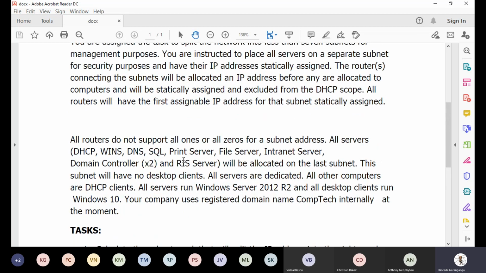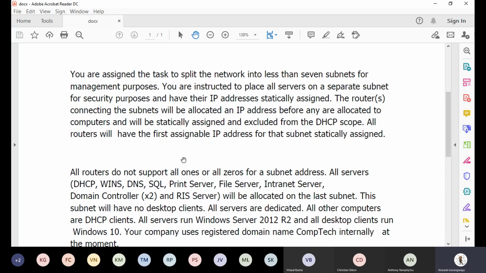So I think if you look at what we've got here, the routers connecting the subnets will be allocated an IP address before any are allocated to the computers, and will be statically assigned and excluded from the DHCP scope. All right. So it means that single IP address in that subnet is not part and parcel of your scope or your assignable range.